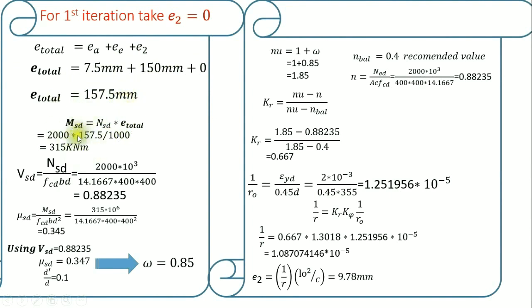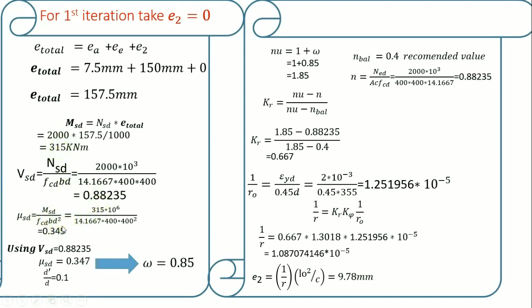So the design moment is equal to 315 kilonewton meter. nu Sd is equal to NSd over fcd b d, which is the same as n, 0.88235. Then mu Sd is equal to MSd over fcd b d squared. MSd is 315.